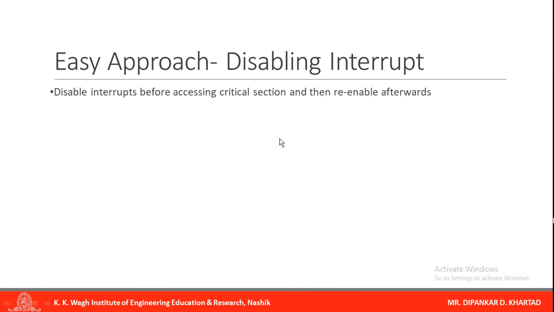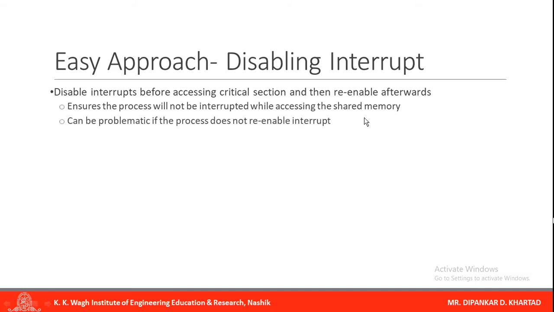So disable interrupts before accessing the critical section and then re-enable afterwards. For accessing shared resources, you can simply disable interrupts, execute the critical section code, and then re-enable afterwards. The important point is that you should ensure the process will not be interrupted while accessing the shared memory.